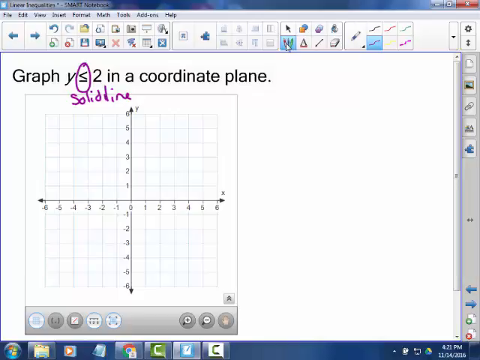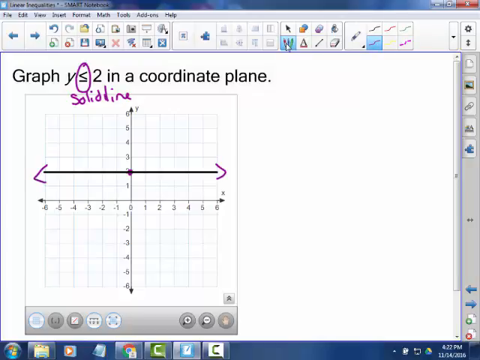So y equals 2, we remember, is a horizontal line through 2, because there's no x value, which means the slope is 0, and 2 is my y-intercept. Okay, y is 2. So I'm going to do a solid line here through 2. Put my little arrows on the end because the line's going on forever.